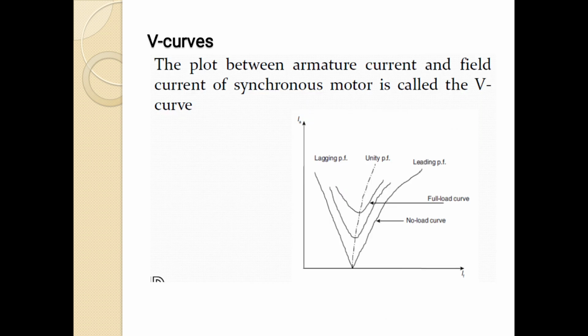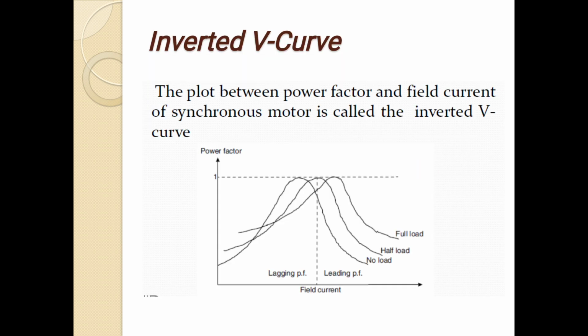The V curve means a curve drawn between the armature current and the field current of the synchronous motor. And the inverted V curve means a curve drawn between the field current and the power factor. The stator is connected to the three-phase supply through the wattmeter and ammeter.